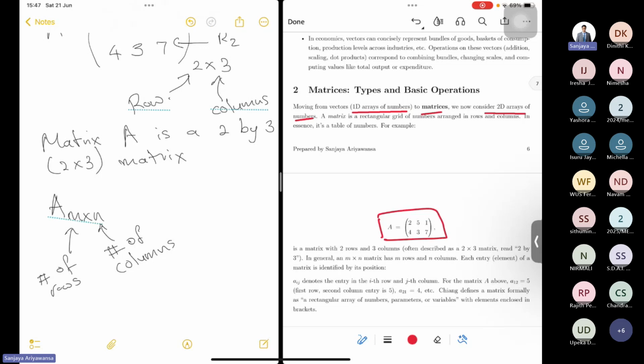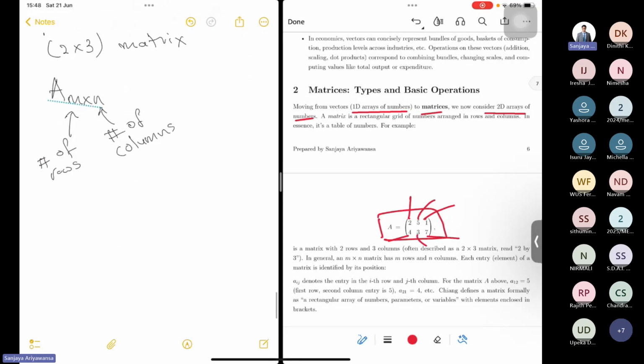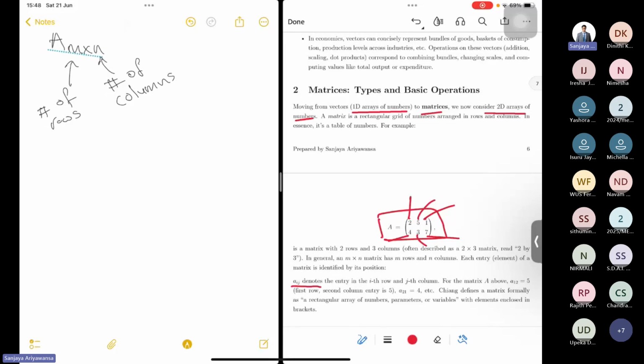And each of these components, that is your 2, 5, 1, 4, 3, 7, these are components within the matrix, and that is in general denoted by simply Aij, right? So when we take our example A, this is a 2 by 3 matrix. Each of these components is denoted by Aij.